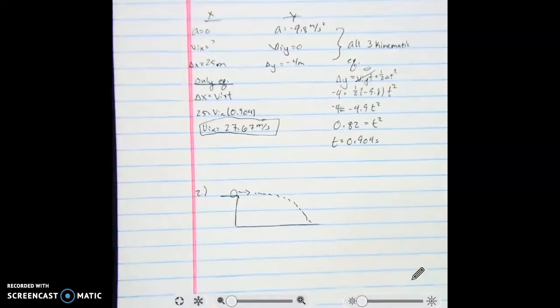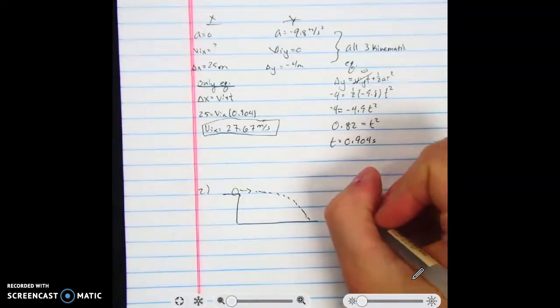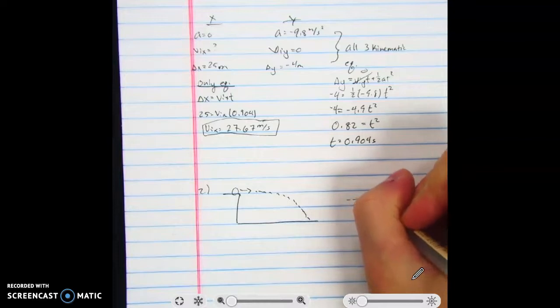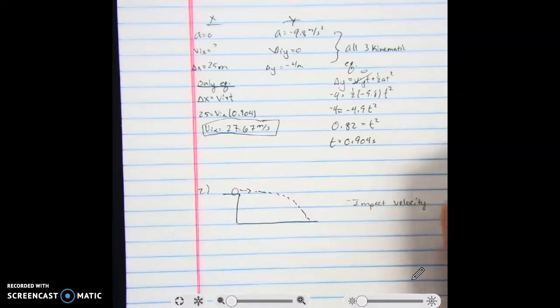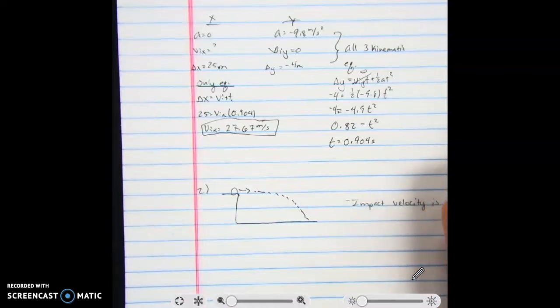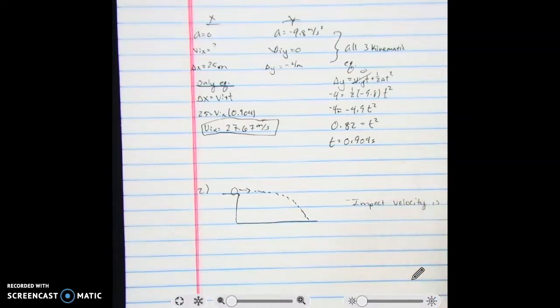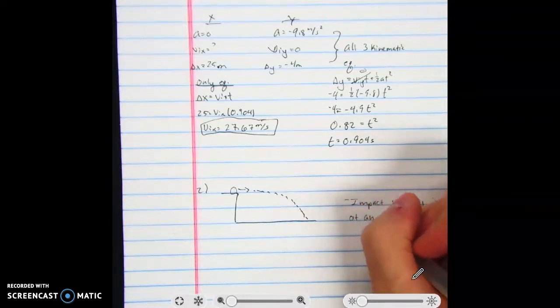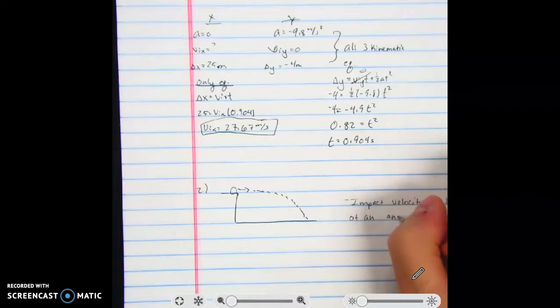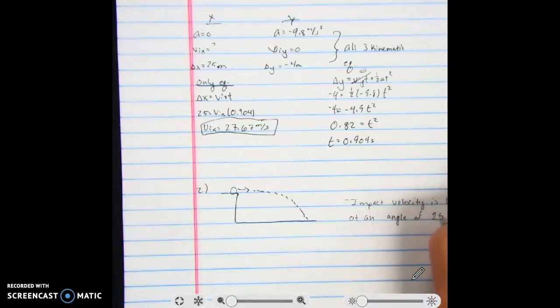So, let's say this. We know the impact velocity is 13 meters per second at an angle of 25 degrees.